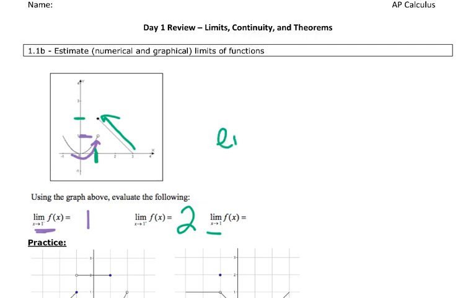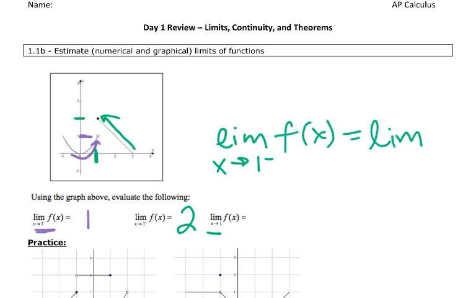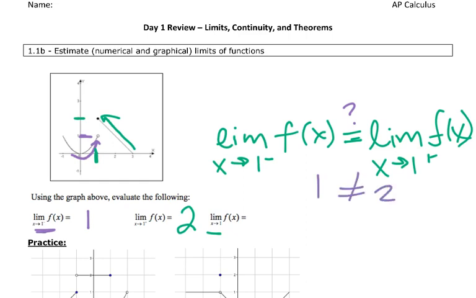So in order for the limit to exist, the limit as you approach 1 from the left of f of x must be equal to the limit from the right of f of x as you approach 1. And in this case, we have 1 from the left. So this is sort of a question mark. Are they the same? It's 1 on the left and it's 2 on the right. It's not the same, so this limit does not exist.